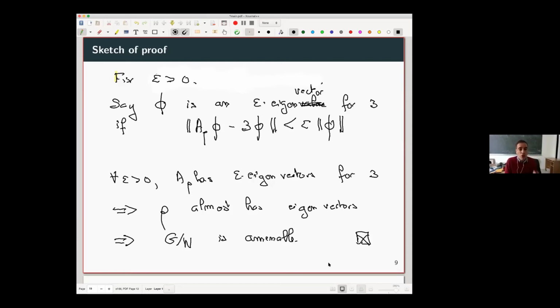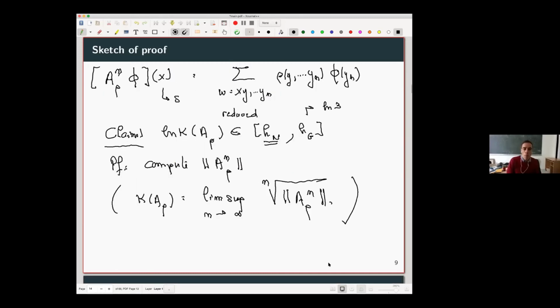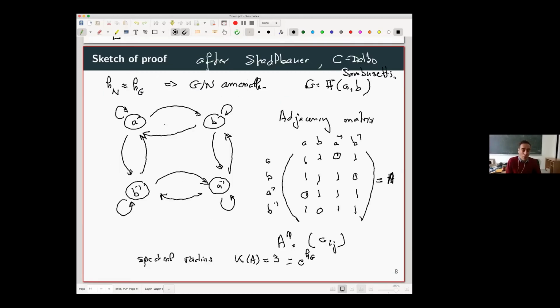You can encode the geodesic flow as a subshift of finite type. So that's a graph. You have a more complicated graph, but basically that will work in the same way.